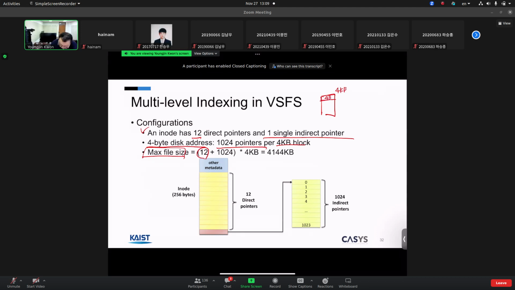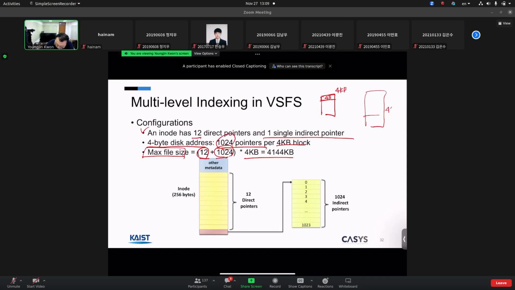So this is the total number of blocks we can point to. When you are creating a file, up to 48 kilobytes you use the direct pointers, and more than that, we go to the indirect pointer, where the first block points to here.